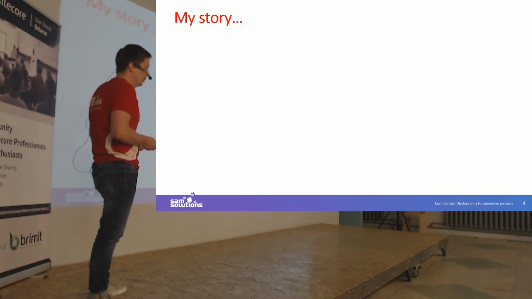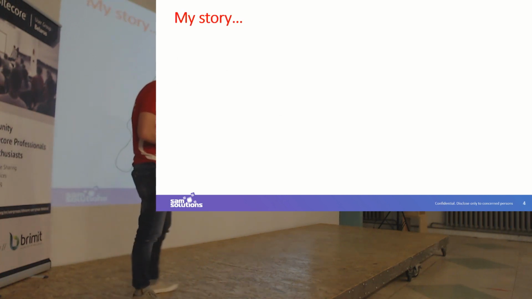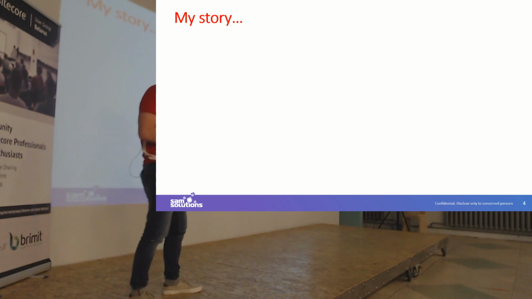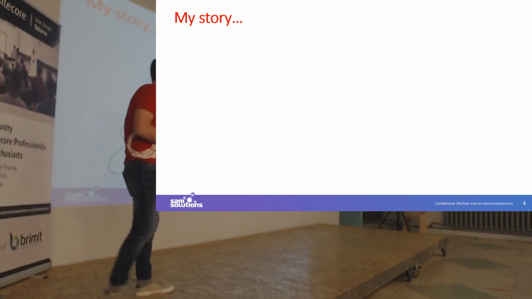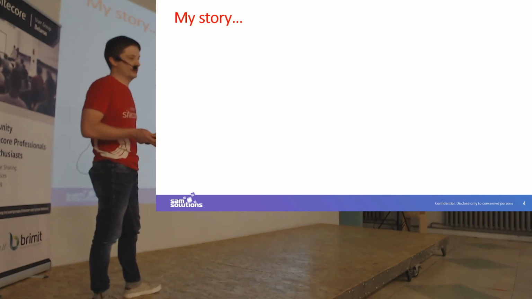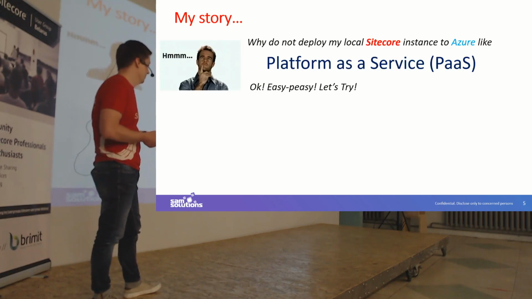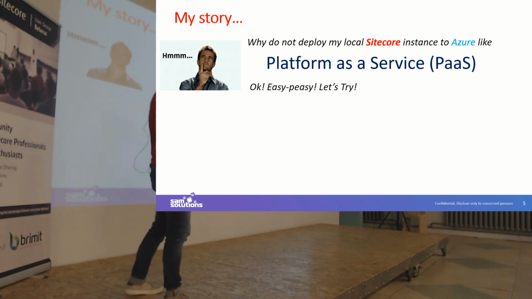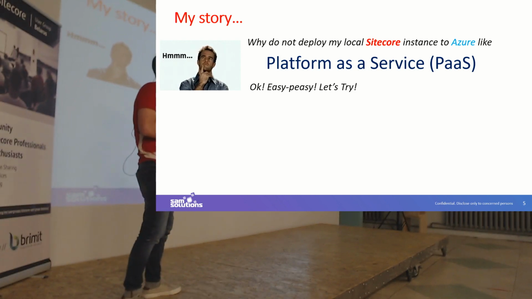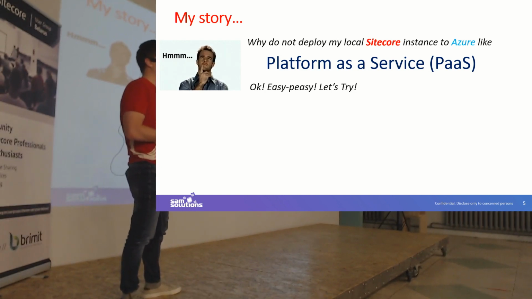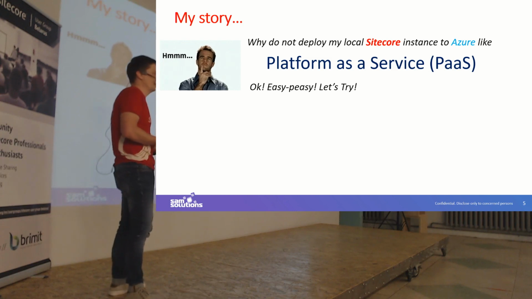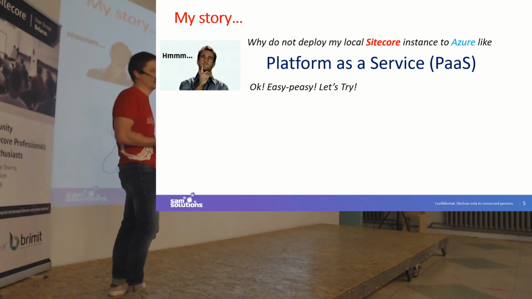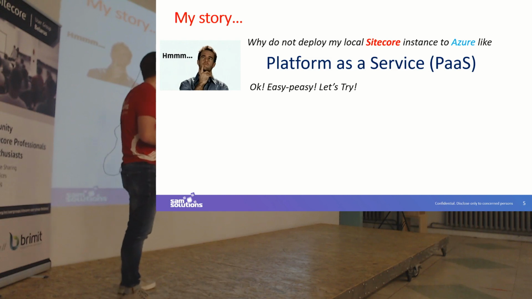What about my story? It started with Sitecore 9.1, but I proceeded with the new version. One day I was sitting and thinking, okay, I have a local Sitecore environment, and how can I deploy it in Azure as PaaS, Platform as a Service? That seems easy.